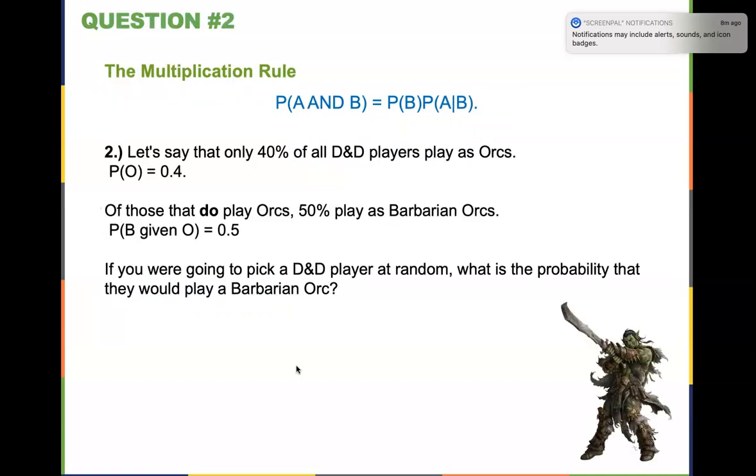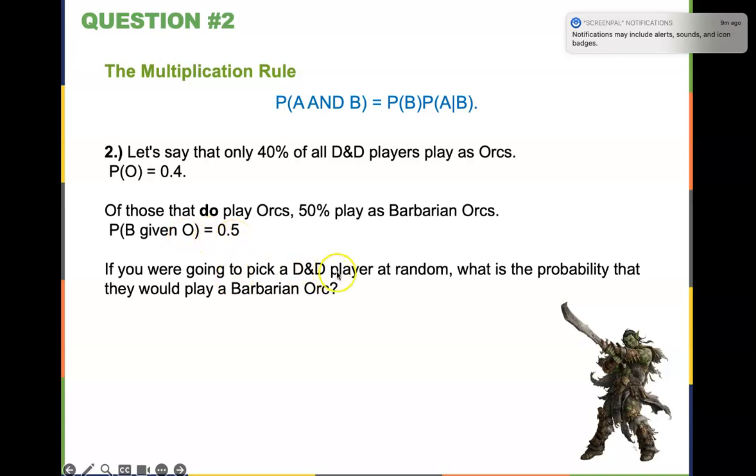Question number 2. This is about D&D, and you don't have to know anything about D&D to do this problem. Let's say that only 40% of all D&D players play as orcs, so we would write that as the probability of orc equals 0.4. Of those that do play orcs, 50% play as barbarian orcs. So that would be the probability of B given O, which is 0.5.